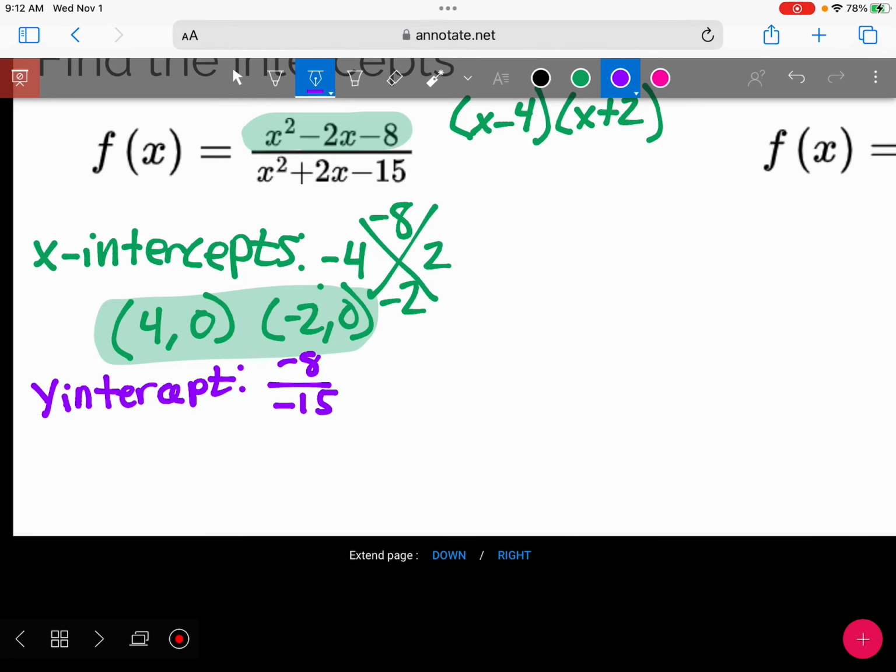Negative 8 over negative 15. Is that going to simplify at all? It's just going to be 0 and 8/15. So our y-intercept is kind of gross, but that's what it is.